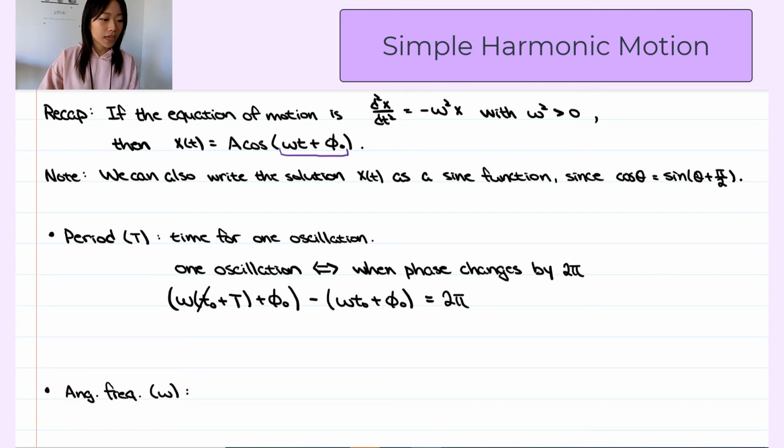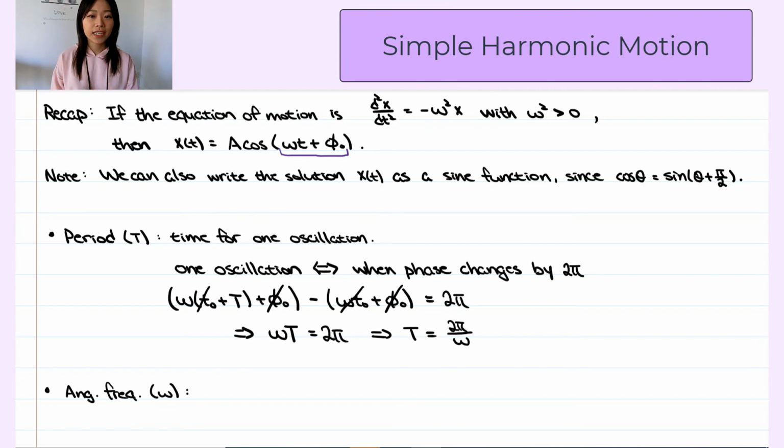The first term can cancel out with the first term of the second phase, and phi naught can also be cancelled out with the phi naught. So we are left with omega times the period equals 2 pi. And we get the period is 2 pi over omega.